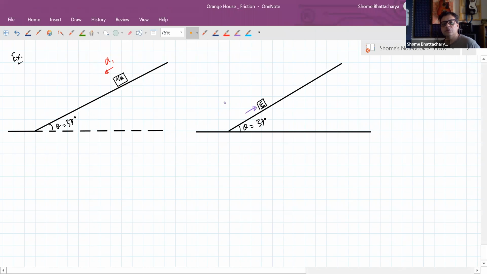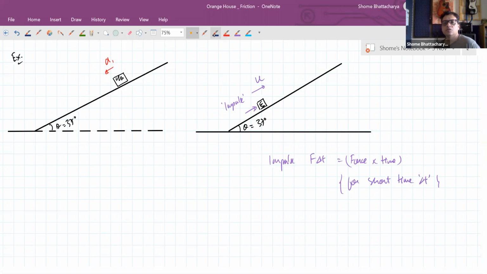So it has given it something called an impulse. Okay. Impulse is like F delta T, that is force multiplied with time. Okay. For a short time, delta T. So that as a result of that, it started moving up the inclined plane with some initial velocity.